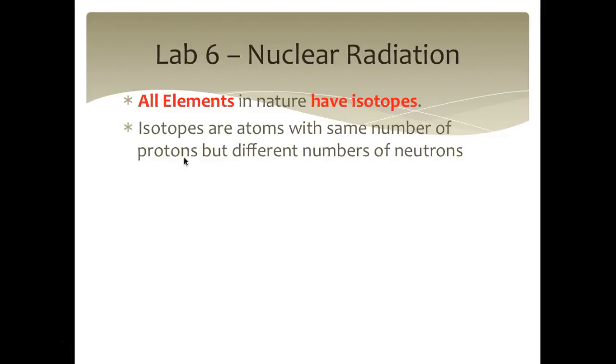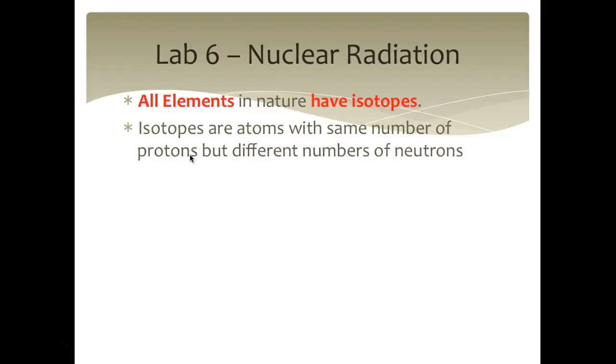There's an isotope of hydrogen called deuterium, which does have one proton and one neutron. So it's slightly heavier in terms of mass compared to the hydrogen atom, all right? And then there's yet another isotope for hydrogen, which has one proton, but it has two neutrons.